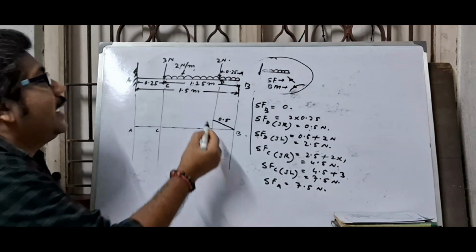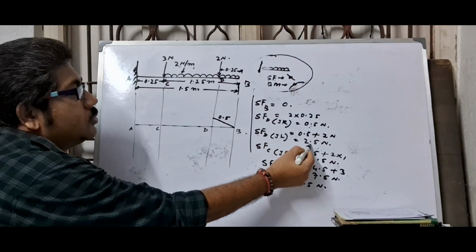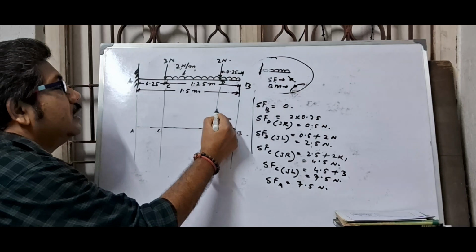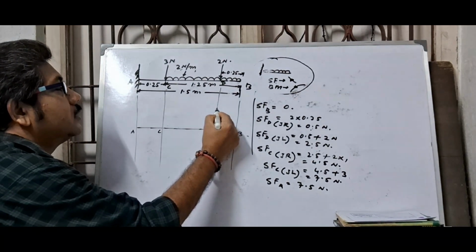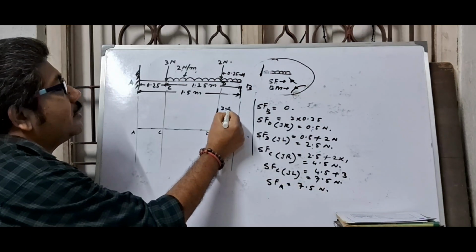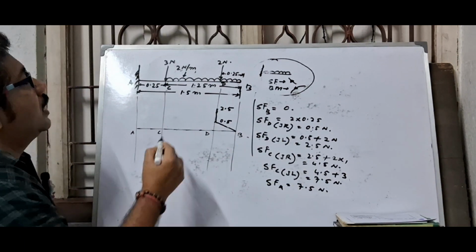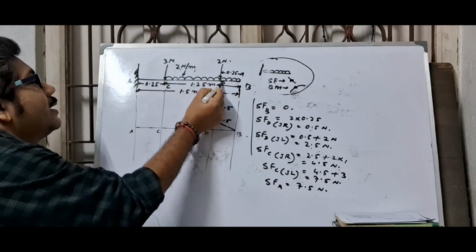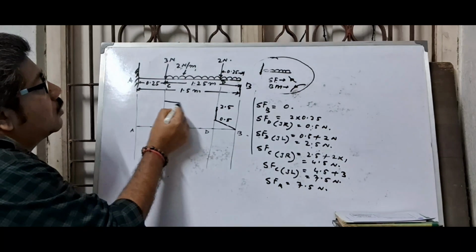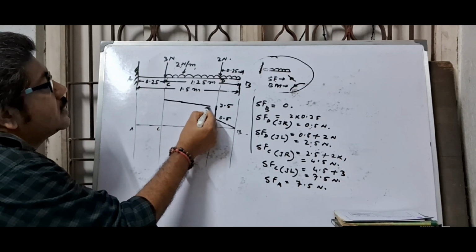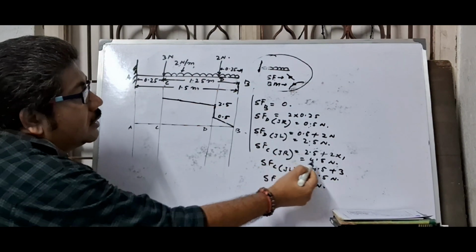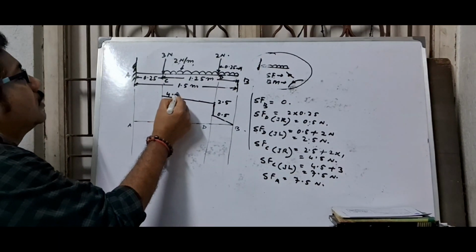And just left, this value is 2.5, and here the point load, so this is vertically upward, and here the value is 2.5. Again when you advance towards C, this is UDL, so also an inclined straight line here, and at C just right, this value is 4.5.